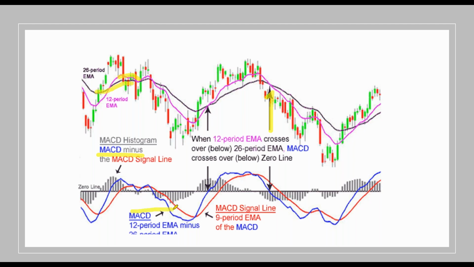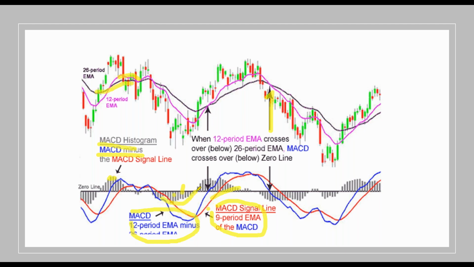And that gives us our MACD line down below. Then we take a 9 period EMA of that MACD line, and that gives us the signal line. And then we can take the differences and put those on the histogram. The MACD line minus the MACD signal line gives us the number that's placed on the histogram.